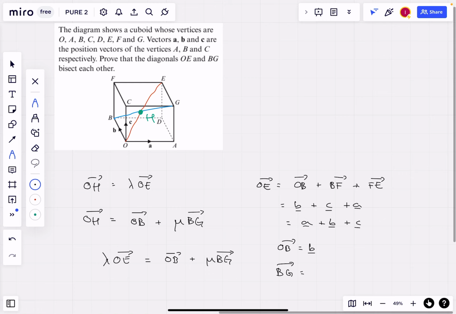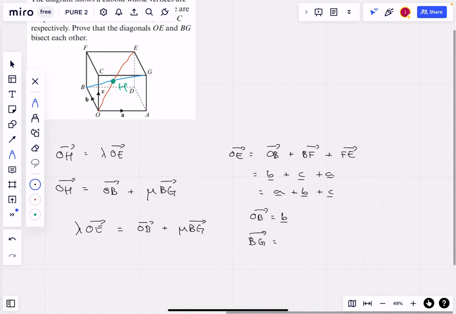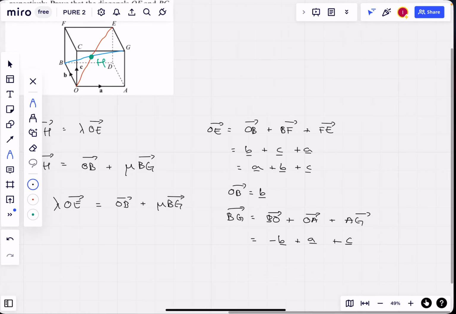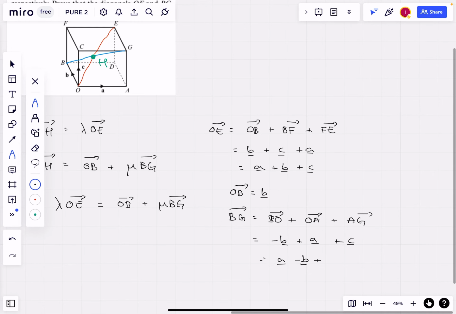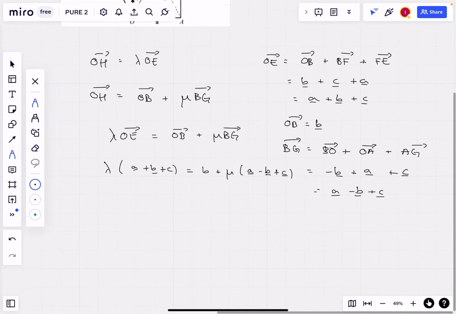How would we express BG in terms of ABC? Well, we can go from B to O plus O to A plus A to G. B to O is minus B plus A plus C. So A minus B plus C. Now that we have all the vectors, we can do lambda OE, A plus B plus C, equals B plus mu A minus B plus C. Okay, now let's expand.